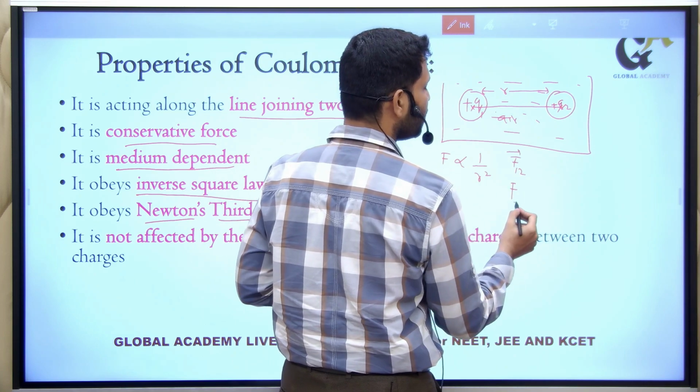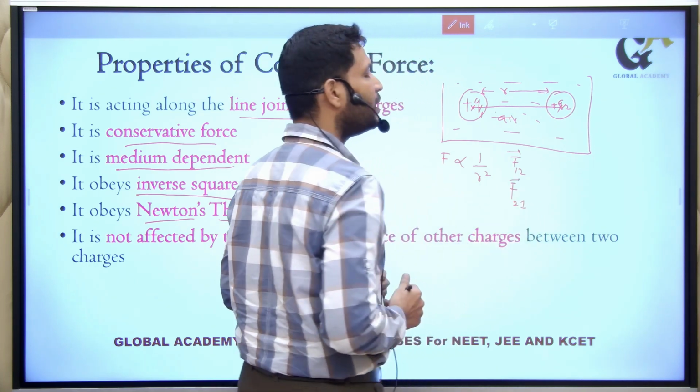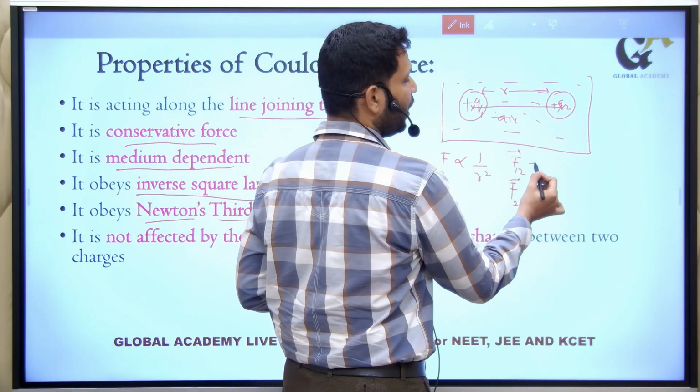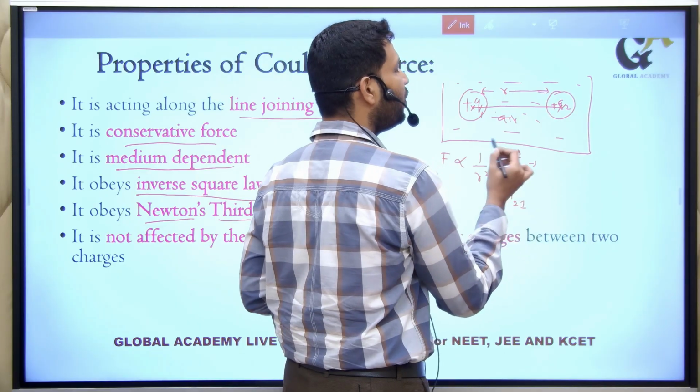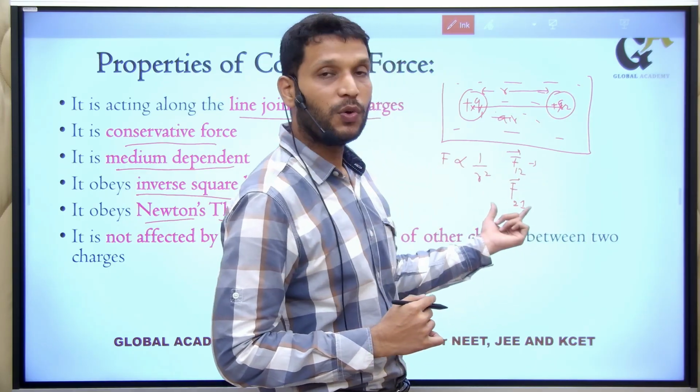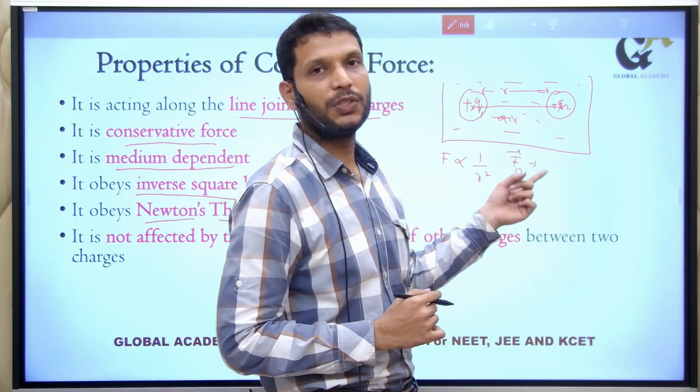The force on the second charge due to the first charge is given by F21. F12 represents the force on the first charge due to the second charge, and F21 represents the force on the second charge due to the first charge.